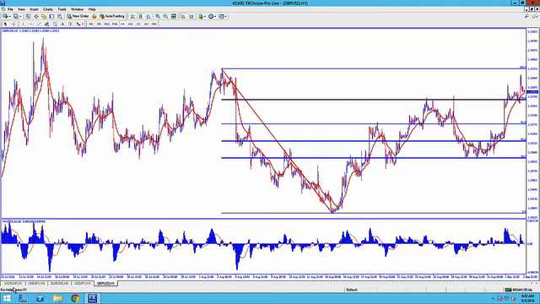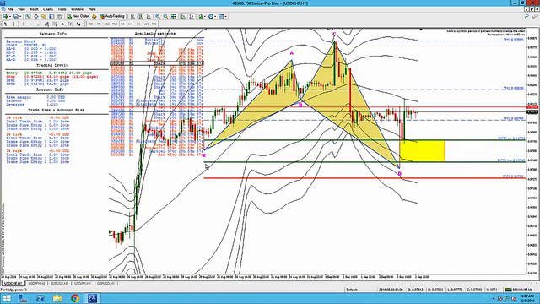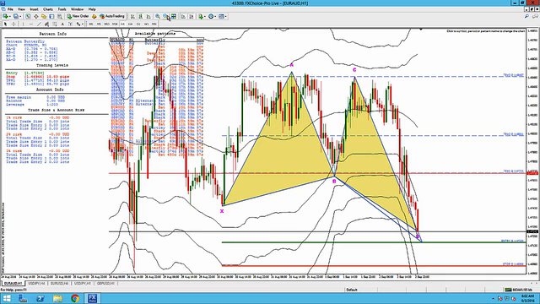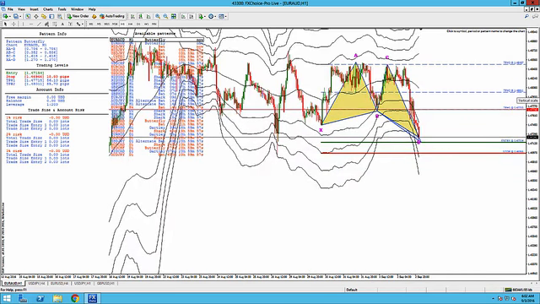Let's take a look at some examples in our patterns and our harmonic scanner. We looked at this in prior videos, actually. This would be considered the butterfly, another harmonic pattern. The market rallies from X to A, down to B, up to C, down to D, and you can see how it forms the perfect pattern.